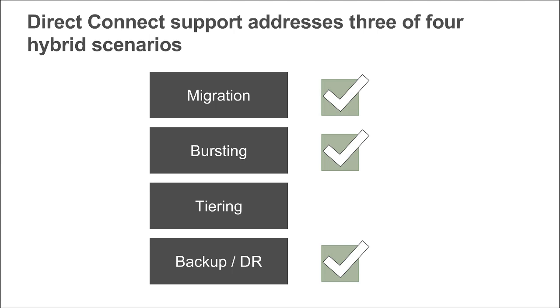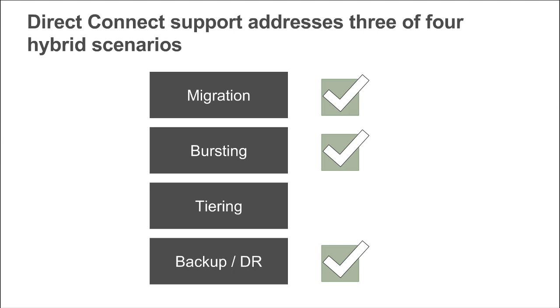Another common scenario is what we call bursting workloads, where you want to spin up a cluster of EC2 instances on the AWS cloud to analyze a data set, and the data set is stored on-prem. You could use your Direct Connect mount to send your data over to EFS, have the EC2 instances work on the data on EFS, and then send it back to on-prem.